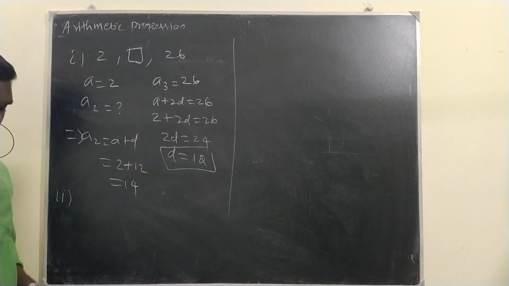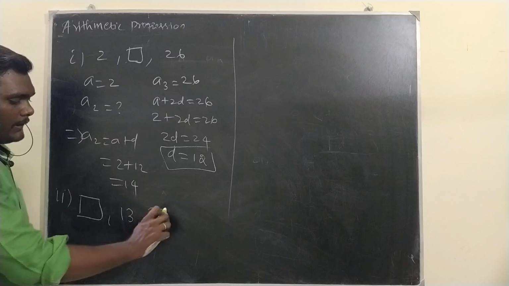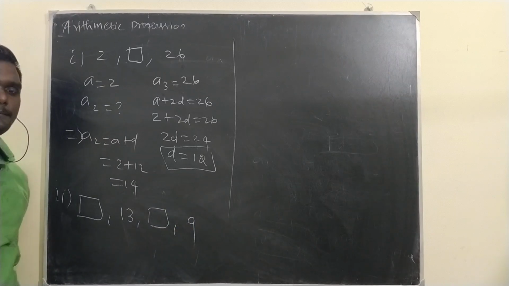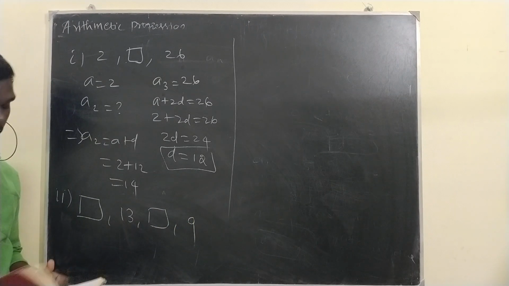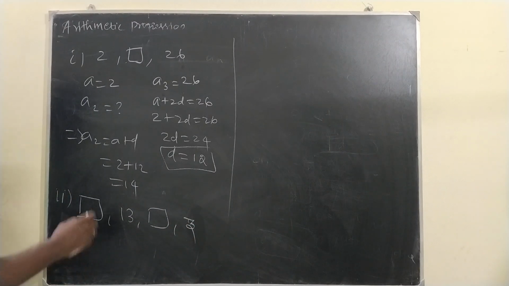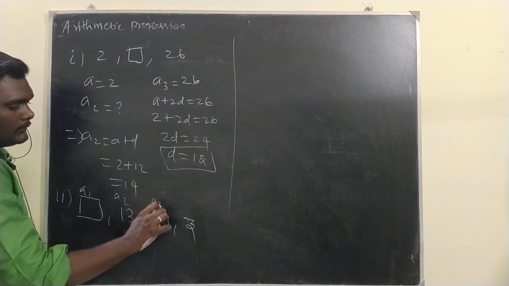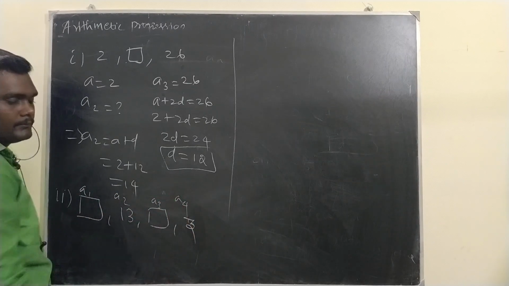Two things are not there. Box 13, box 3. Now, mark this using your pencil: A1, A2, A3, A4.